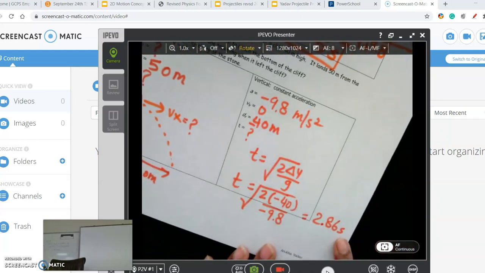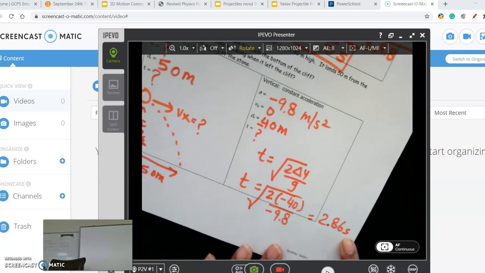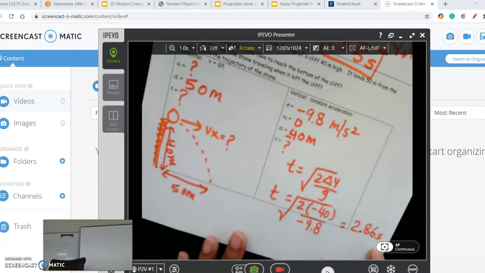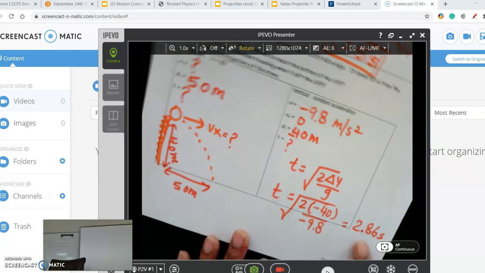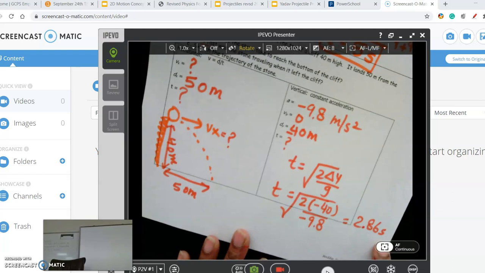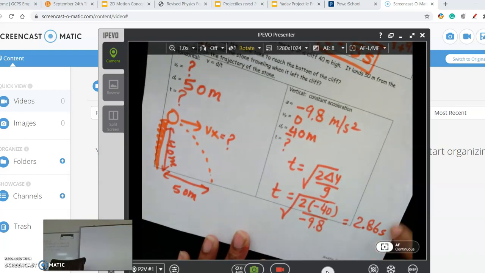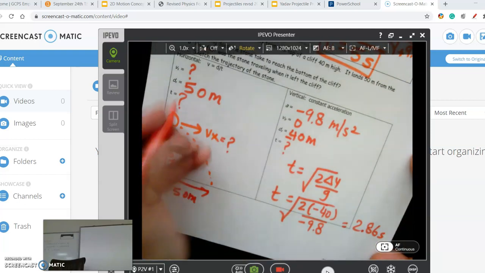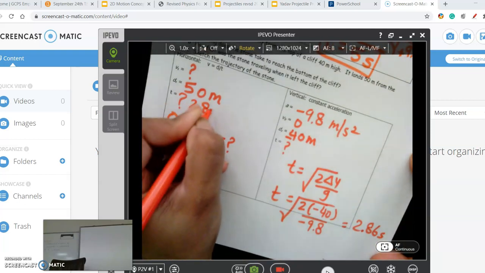Don't overthink rounding. Make sure you round correctly, but you won't lose points because you rounded it incorrectly. If someone wrote 2.85, I'm not going to take their points off, because students ask about that a lot. Anyway, I will be using the same time over here, 2.86 seconds.